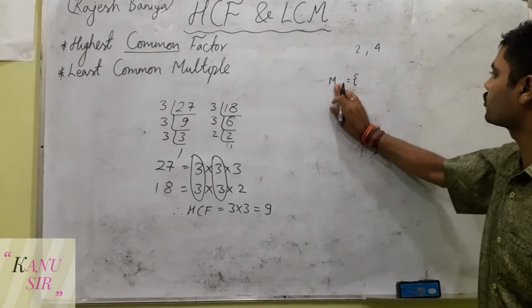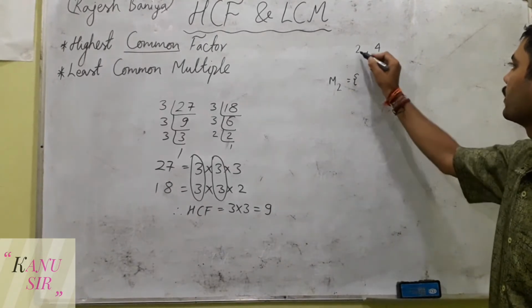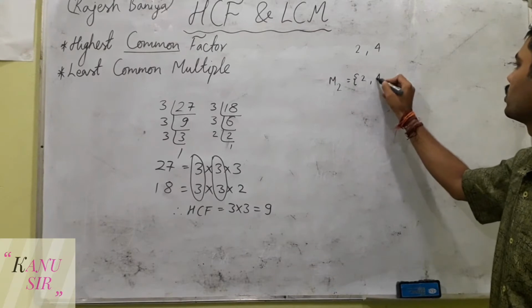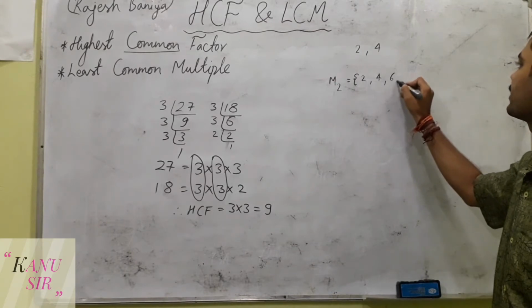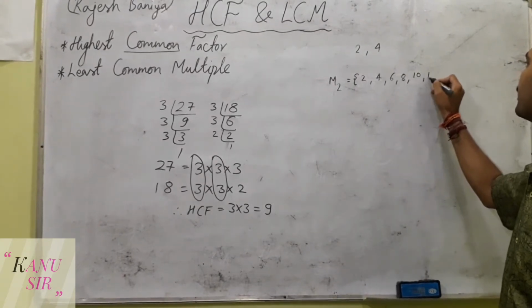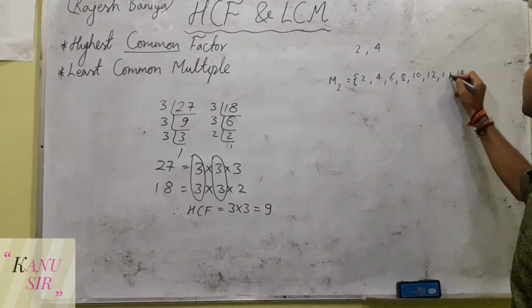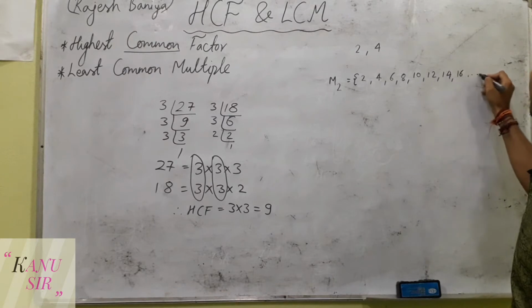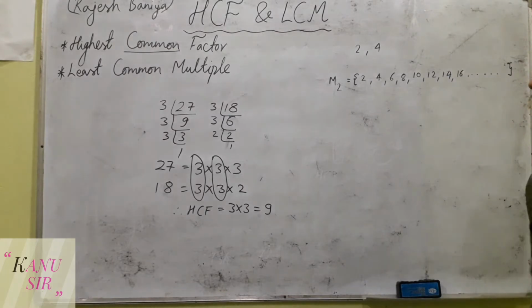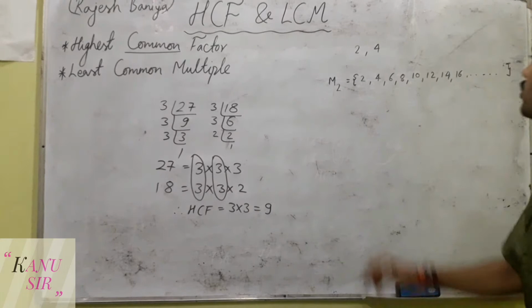So the multiples of 2, you will be writing 2 times 1 is 2, 2 times 2 is 4, 6, 8, 10, 12, 14, 16 and so on. There is no limit to the multiples of 2.